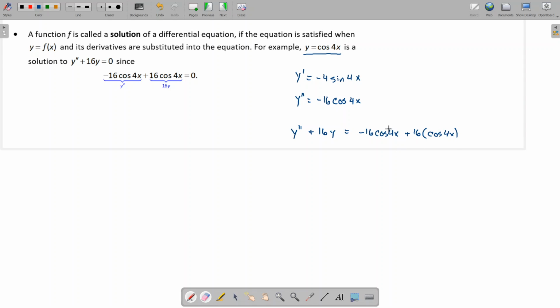Now if you simplify this, obviously these two things wipe each other out. So we can see clearly that this is going to come out to 0. So this verifies that yes, therefore y equals cosine of 4x is a solution to the differential equation y double prime plus 16y equals 0.